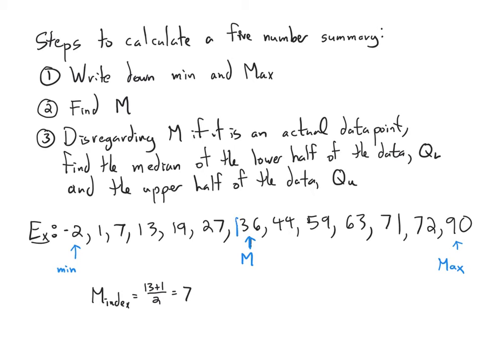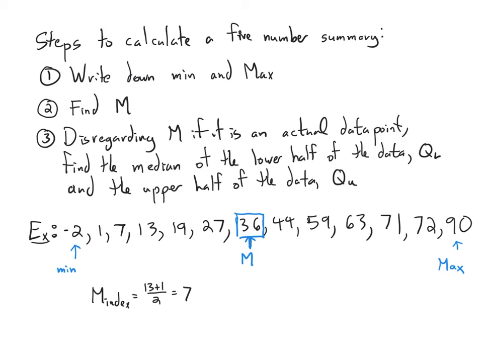And you can see this splits our data into 2 halves. So disregarding the median itself, because it is an actual data point, we have 6 pieces of our data below and 6 pieces of our data above the median.